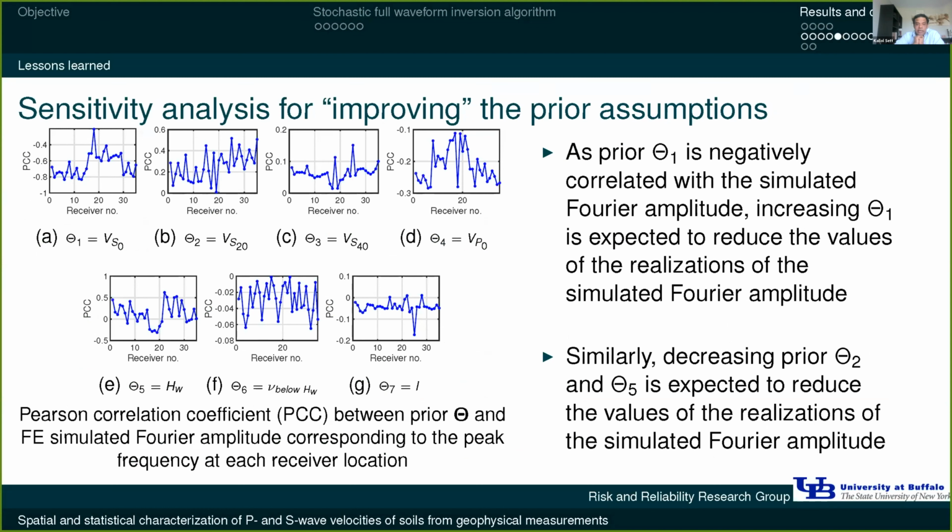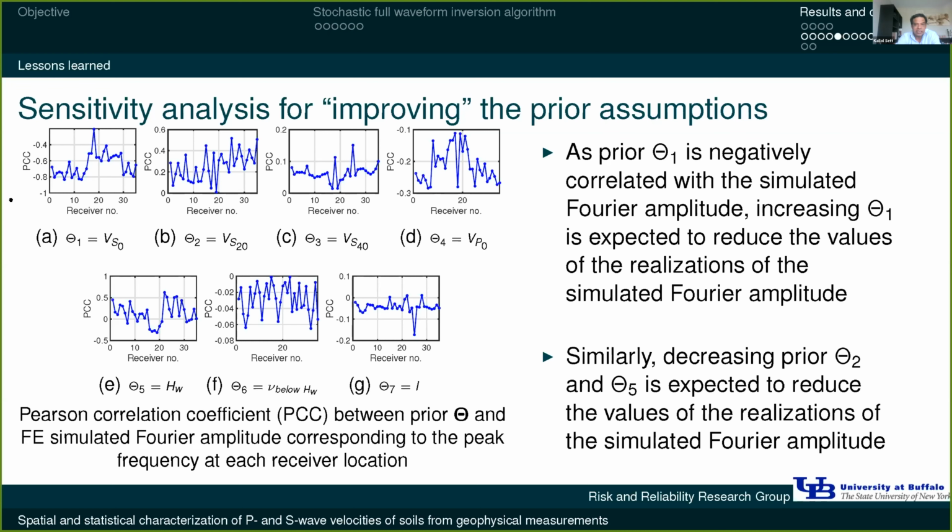We calculated the Pearson correlation coefficient between prior theta and FE simulated Fourier amplitude corresponding to the peak frequency at each receiver location. And based on that, say for example, from this figure on the top left, we can see that theta is negatively correlated.